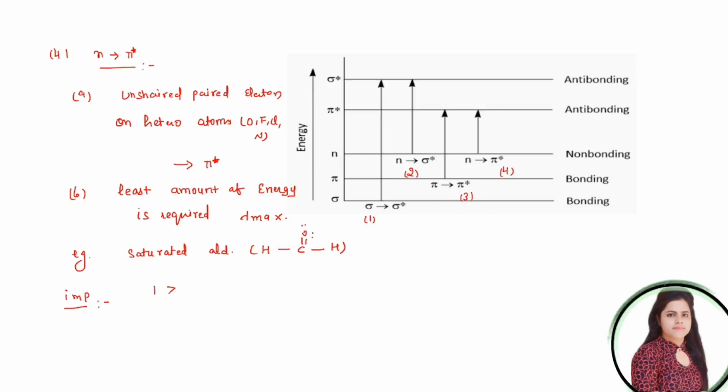So the energy order is: first, sigma to sigma star, which has maximum energy. Then second, n to sigma star, which is greater than the third, pi to pi star, and the least energy transition is n to pi star, which is the fourth transition. I hope now you understood this topic.